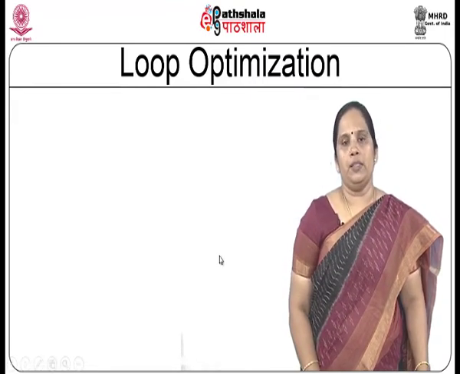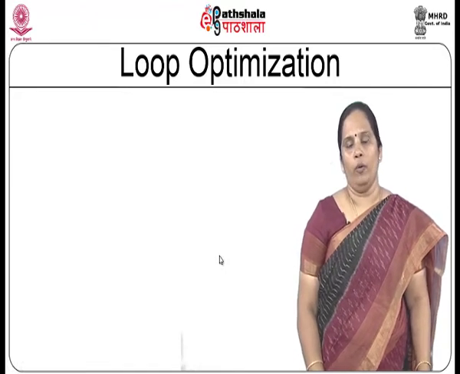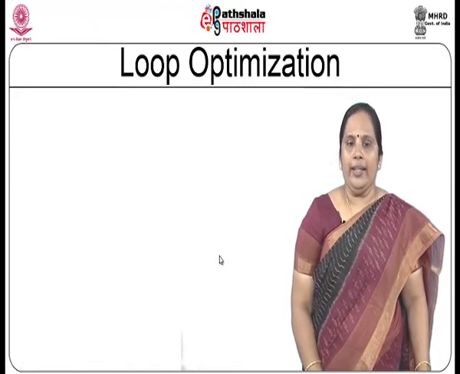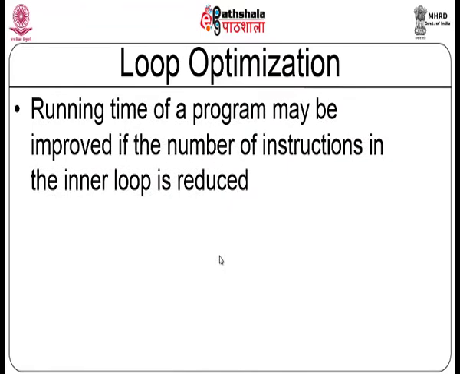Now, loops basically form the control flow, okay. In addition to that, loop optimization talks about some optimization that is possible within the structure of a loop, okay. The running time of a program may be improved if the number of instructions in the inner loop is reduced. So, our ultimate aim is to reduce the number of instructions in the inner loop as much as possible.